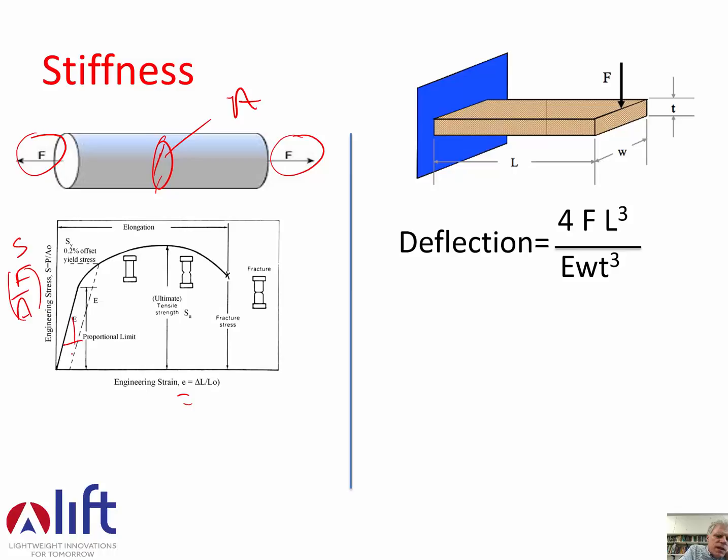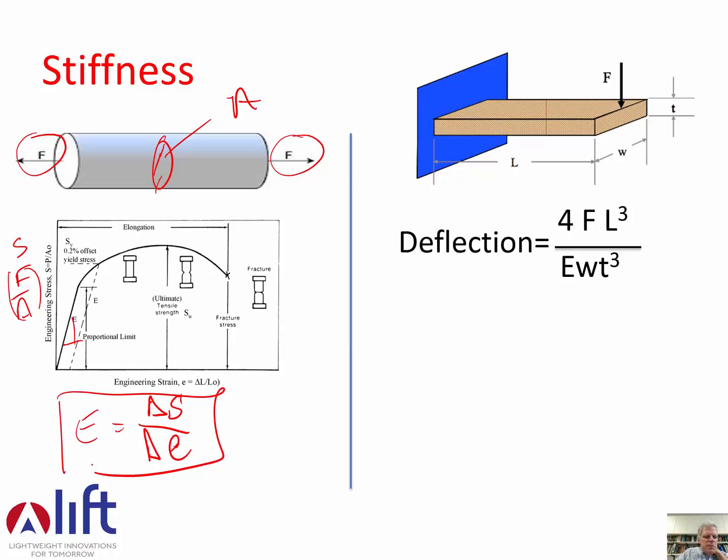The slope of this line is E, the elastic modulus, and E is equal to the change in stress divided by the change in strain. Okay, that's your elastic modulus.